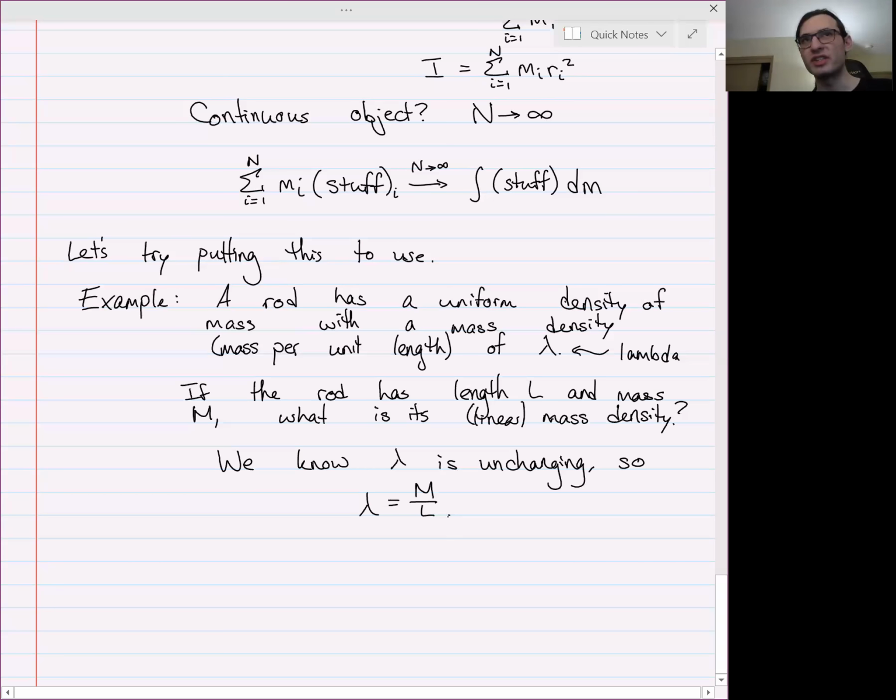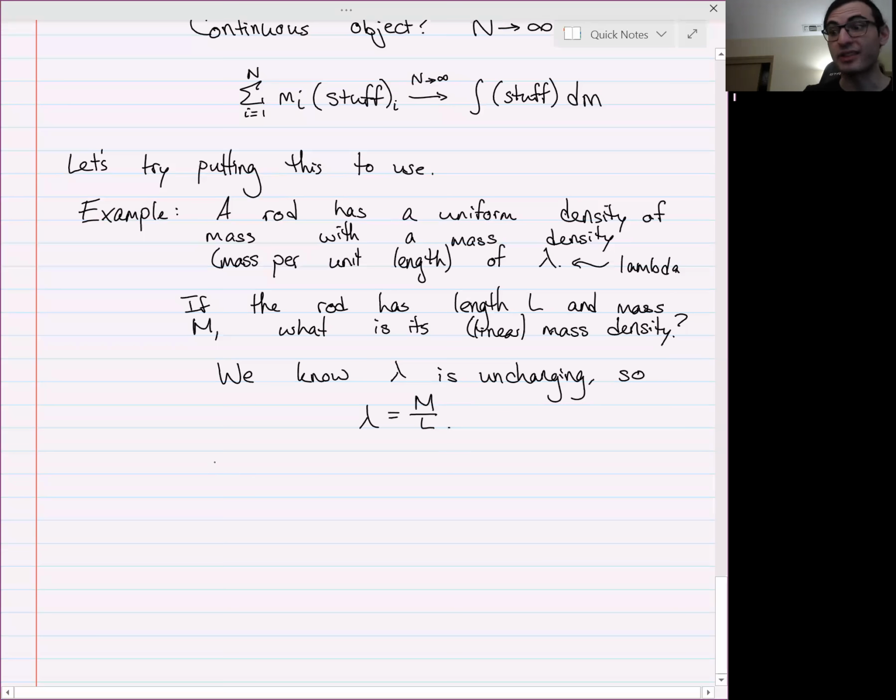But we could have also done the same with any amount of the rod and divided by the length of that amount. So this lets us answer how much mass is in a chunk of length l.